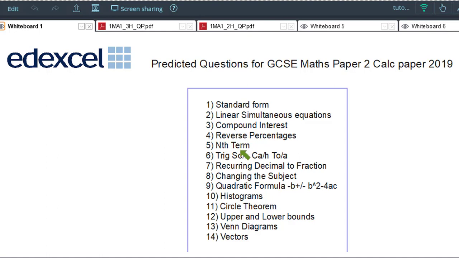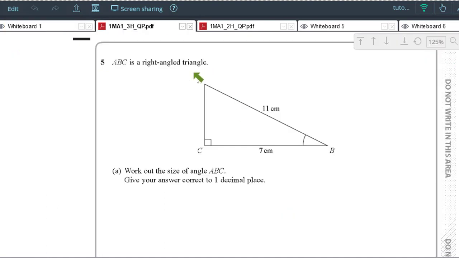Reverse percentage, standard question, nth term, again could be mixed with algebra. Trigonometry, SOHCAHTOA. Standard question is just going to look like this with one triangle, but watch out for the more difficult ones that maybe appear later in the paper, where they attach a couple of triangles together or even have a quadrilateral on the side. Often when they use two triangles, you'll be working from one triangle into the other triangle.